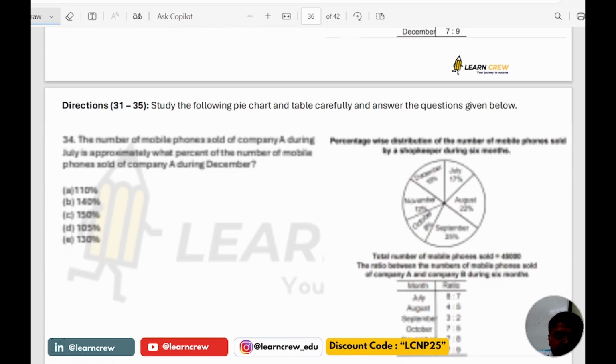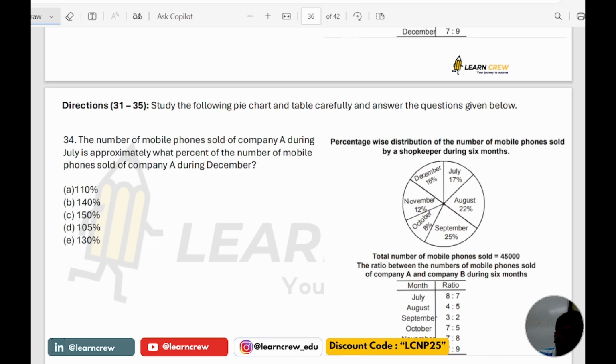Next, the number of mobile phones sold by company A during July is approximately what percentage of the number of mobile phones sold by company A during December?